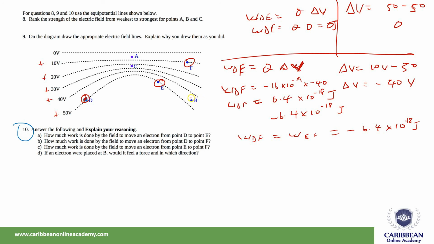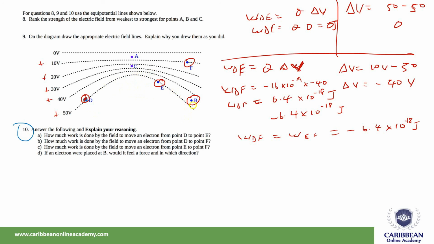Now, because this is an electron, and based on these values, these are positive electric potential. So it means that these equipotential lines are coming from a positive charge, and we know positive and negative attract.